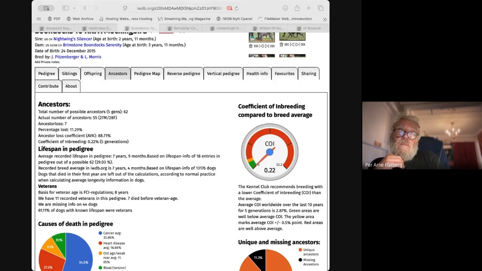I'm not saying that this is good and this is bad, but the Royal Kennel Club say you should breed with lower COI than the average for the sake of the breed. There might be reasons to have as high COI as that. And European lawmakers say that more than 12.5% measured over 5 generations is immoral and illegal. That's their position.